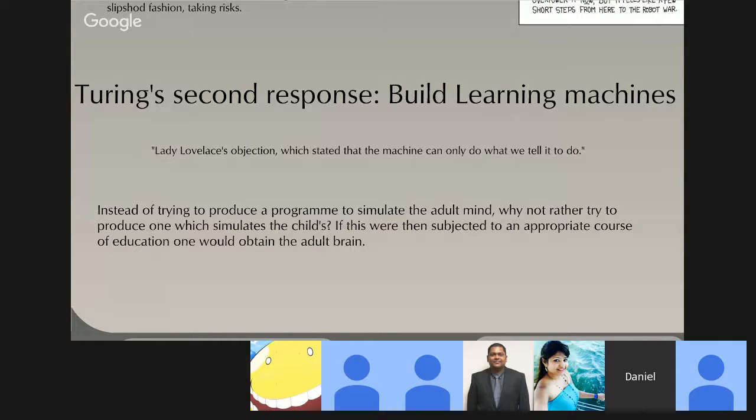If a machine can learn from its environment, then its behavior is not the result of only what we told it to do, but generally the result of what the machine did in the world. It's learned from its interactions with the world, so its knowledge is a product of its existence, and it's not merely a product of our programming.